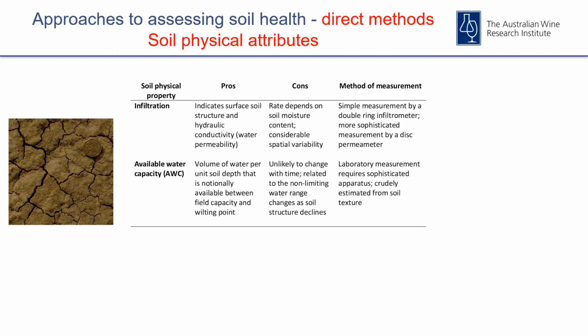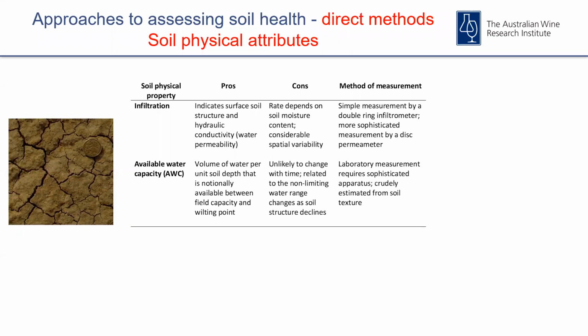Thanks, Mark. Just one point with regard to available water capacity, which is different from the plant available water because, as you mentioned, available water capacity is volume per unit depth of soil. But of course, if you have variations in soil depth and rooting depth of the vines in particular, then you multiply the AWC, the available water capacity, by the depth.